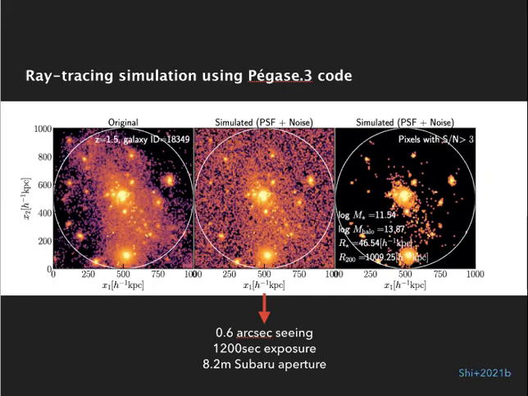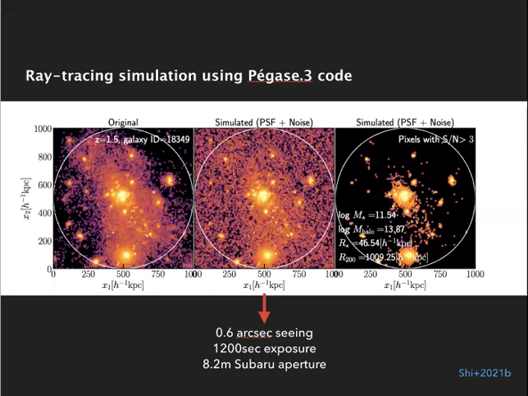During this ray tracing simulation, we also consider the attenuation due to diffuse interstellar medium and dust. The first panel here shows the I-band projected luminosity surrounding an emission line galaxy at redshift 1.5 without considering any observational effects.